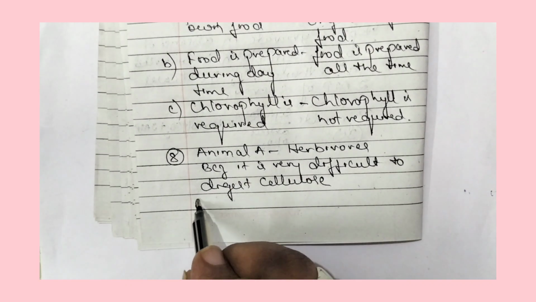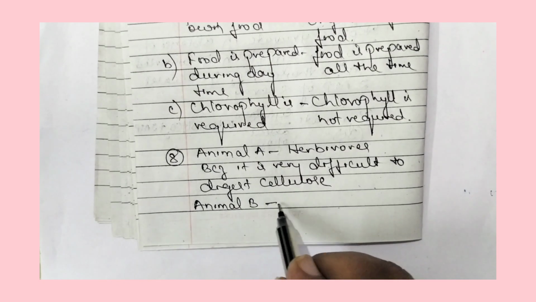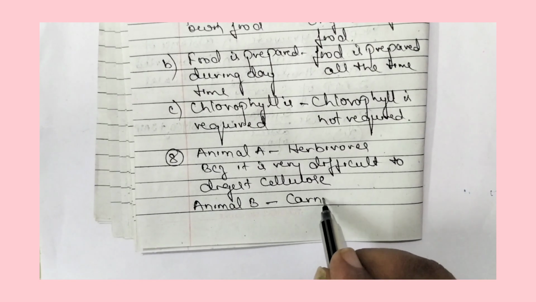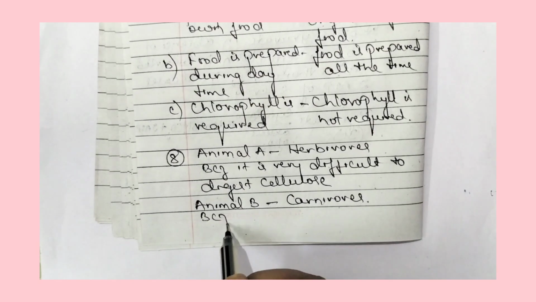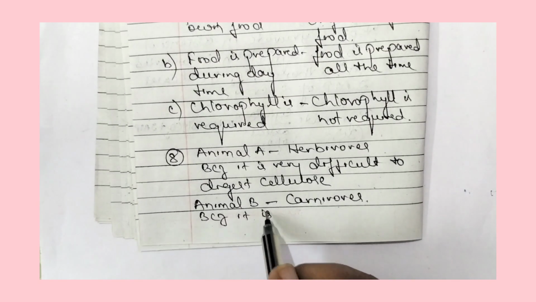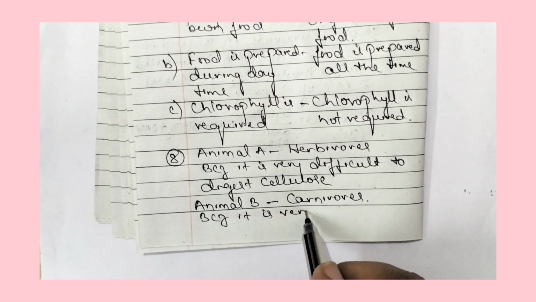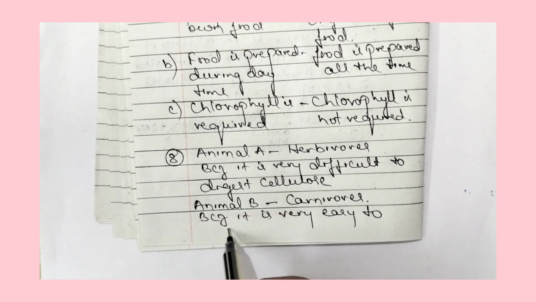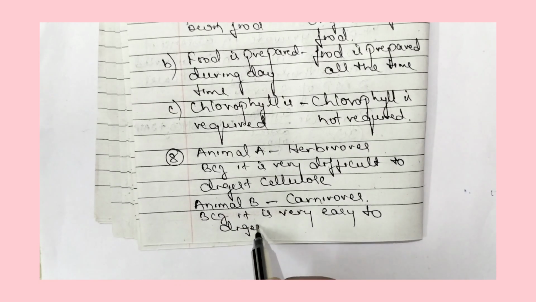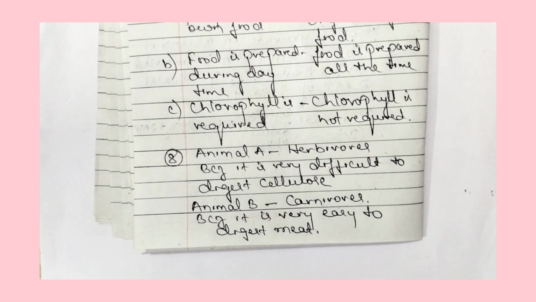Then what is animal B? Animal B is carnivorous because it has a shorter small intestine, because it is very easy to digest meat. So this is for the 8th question.